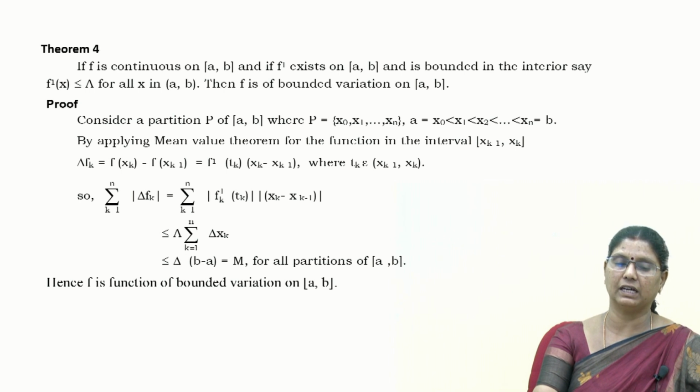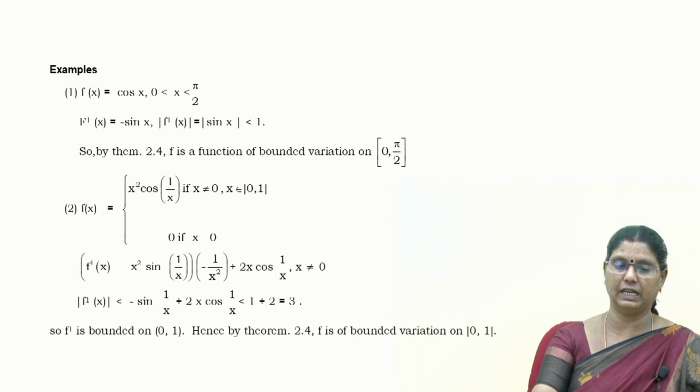Since by the given data |f'(x)| is less than or equal to A, applying this we get the inequality less than or equal to A times the summation of Δx_k. Therefore, A times (b minus a), where Δx_k is nothing but x_k minus x_{k-1}, and the sum is equal to b minus a. So, this entire term is equal to M for all partitions of [a, b].